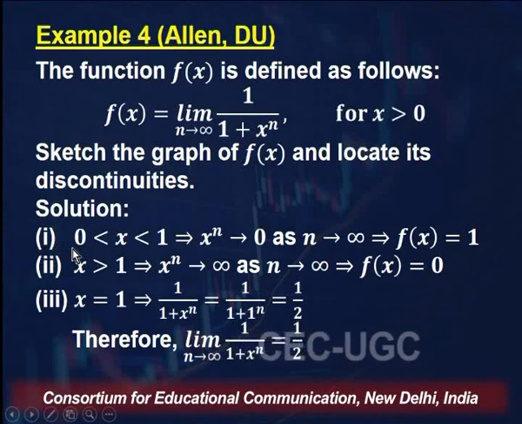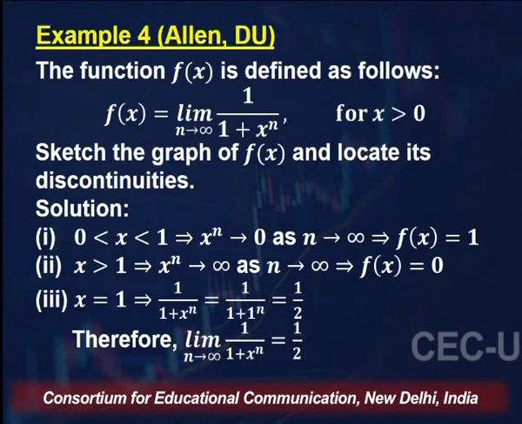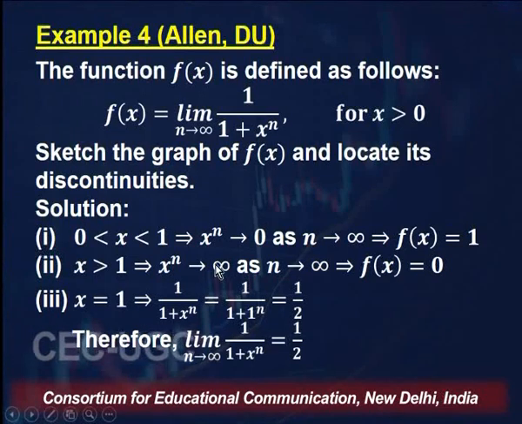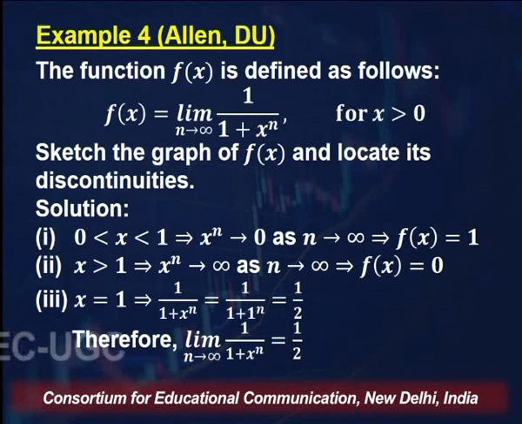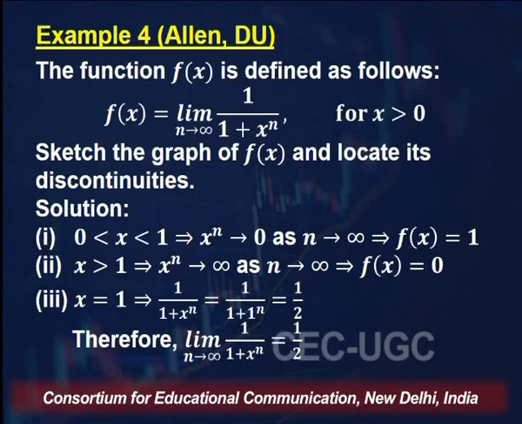So I have this first case where x lies between 0 and 1. Now if that is the case, then clearly x to the power n will tend to 0 as n approaches infinity, right? Take any small value of x which is between 0 and 1 and keep multiplying it with itself, and that will just become a smaller and smaller value.